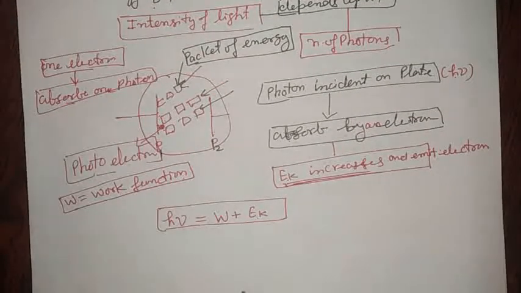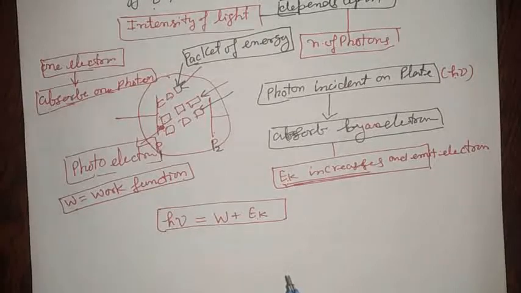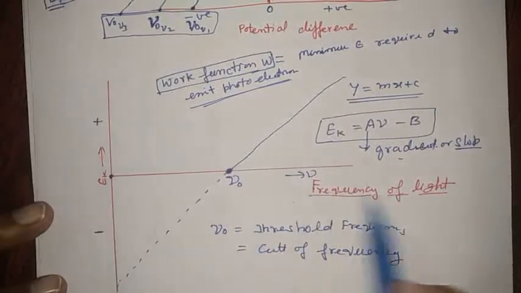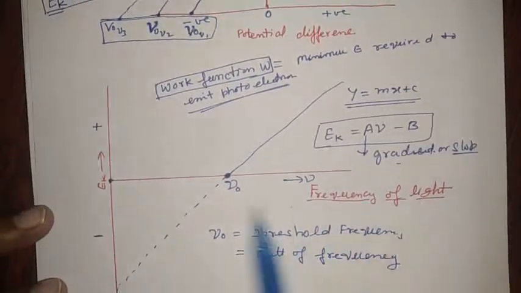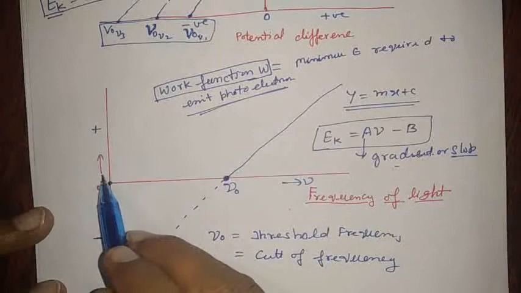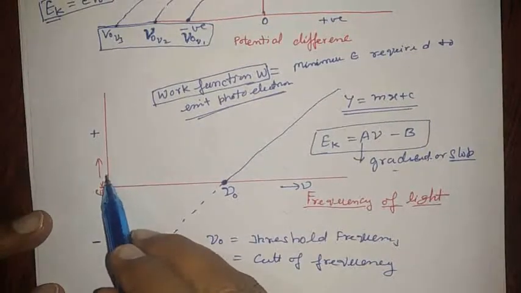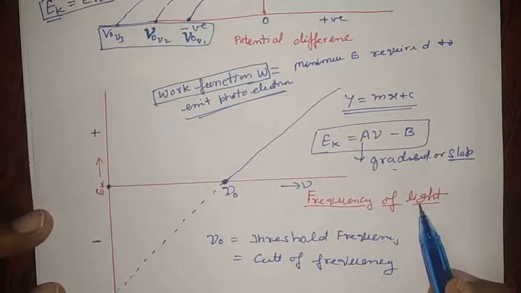When you go to the part 3 video lecture, you will see this graph explained there. This graph is of kinetic energy of photoelectron emitted from the plate versus frequency.